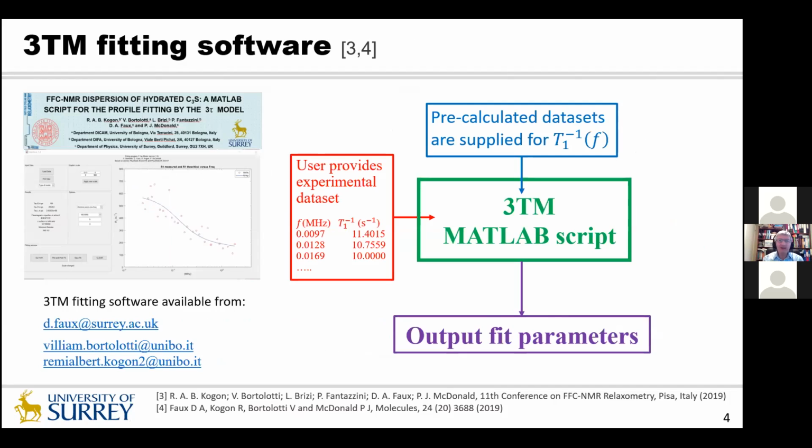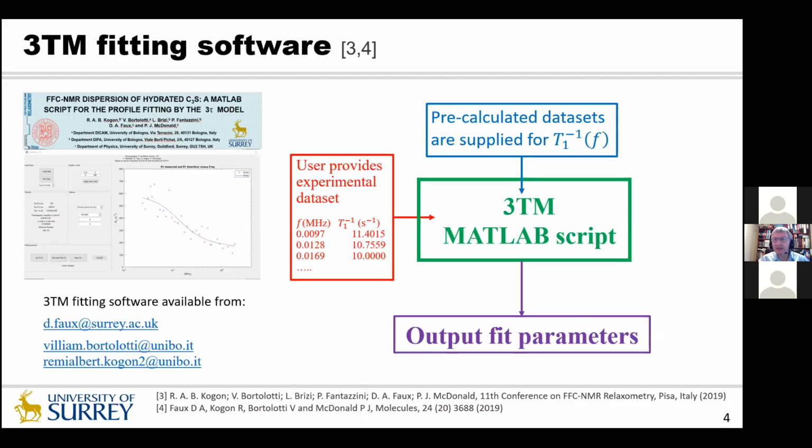And when I say we, I'm also talking about my 2 dear colleagues at the University of Bologna, William Bortolotti and Rémi Cogan, who have been extremely helpful over the last few years in helping develop some of the software that we use to execute these fits. These are available to you. So if you think at the end of this presentation, these pieces of software can be useful to you, just contact us or one of us at these email addresses here, and we'll happily send you the software through.